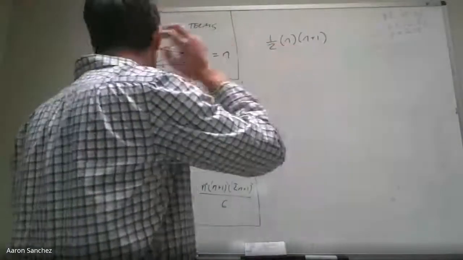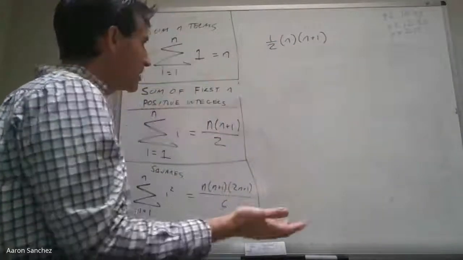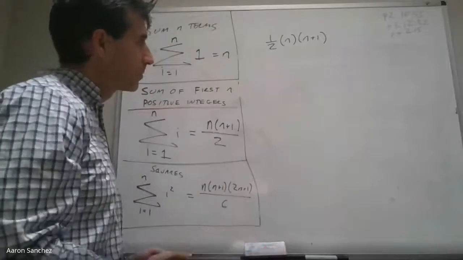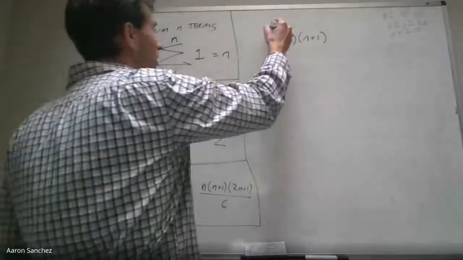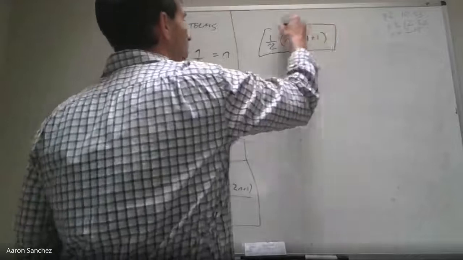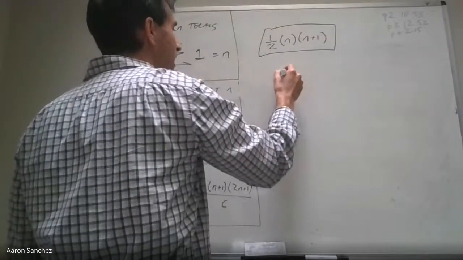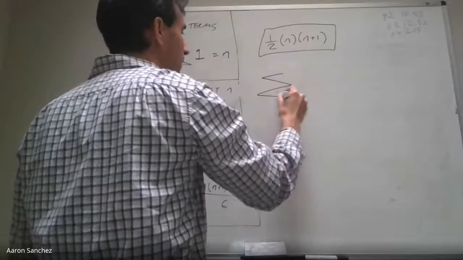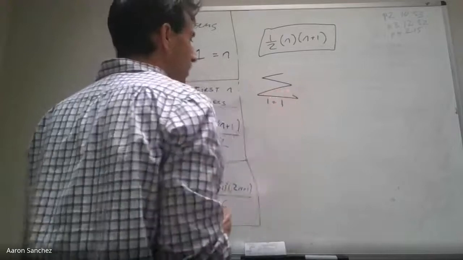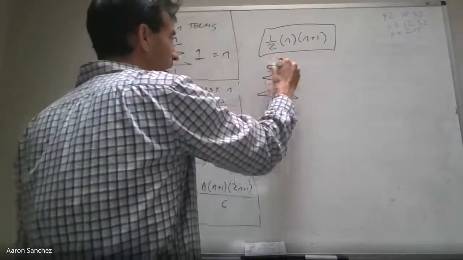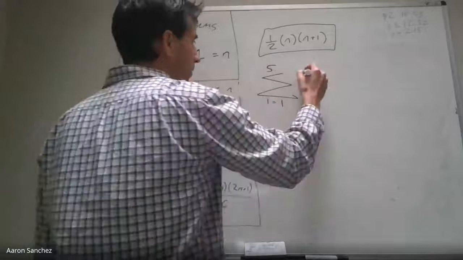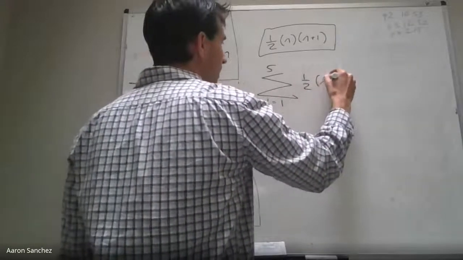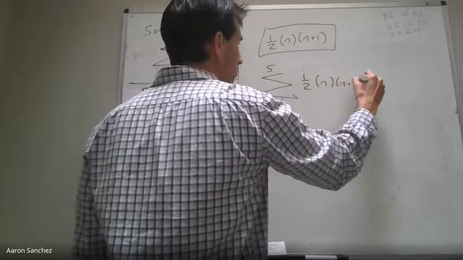Here's the rule right here. 1/2 times n plus 1. That'll give us each layer, right? There's the rule. To find the sum, we're going to go from the first row to the 5th row, and we're going to write 1/2 times n plus 1.